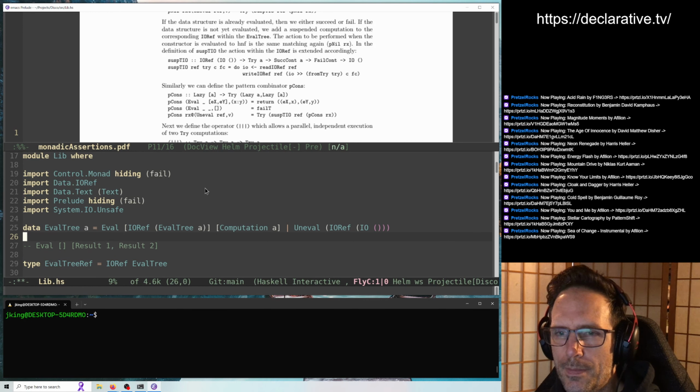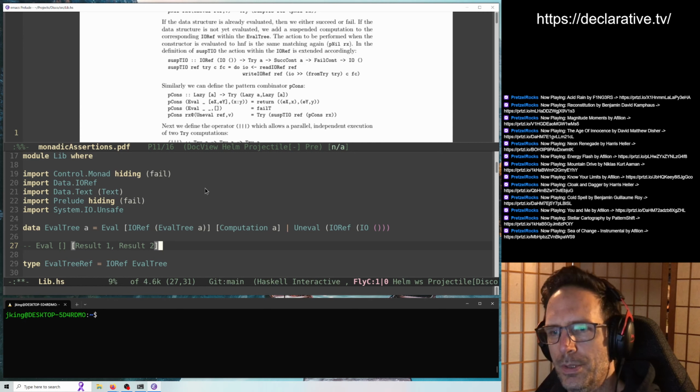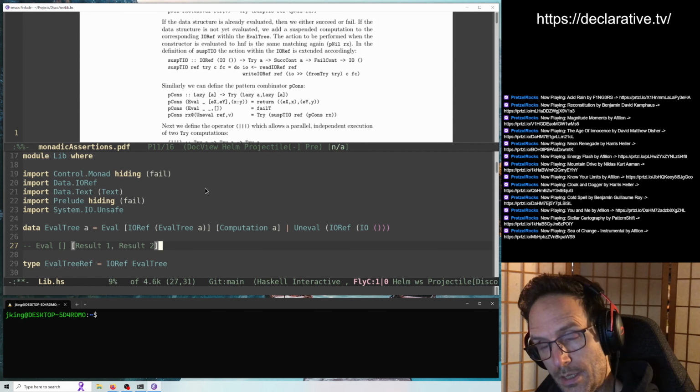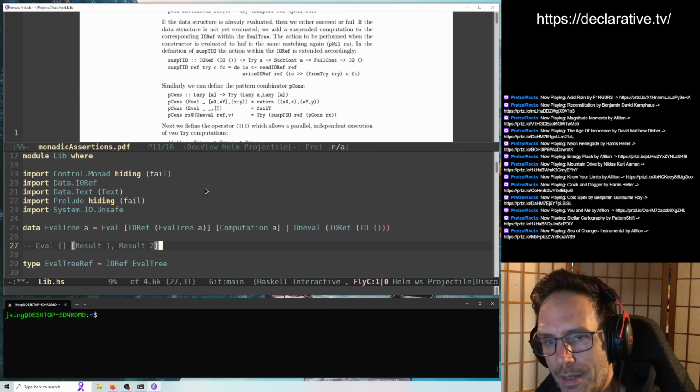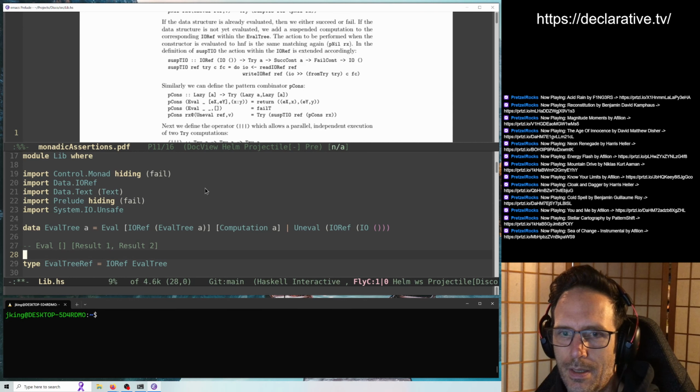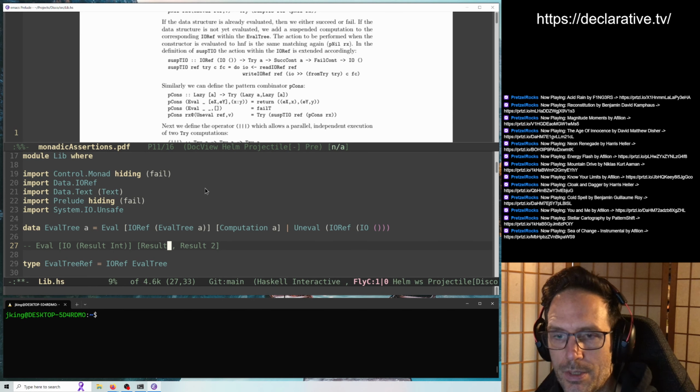So it's a bit odd, but if we don't let the user necessarily construct the eval tree directly, we provide smart constructors and a proper algebra for working with these things, then presumably what they might have meant is that when we evaluate some action in here that returns a result of some int, right, we append to this section here the results of those computations.